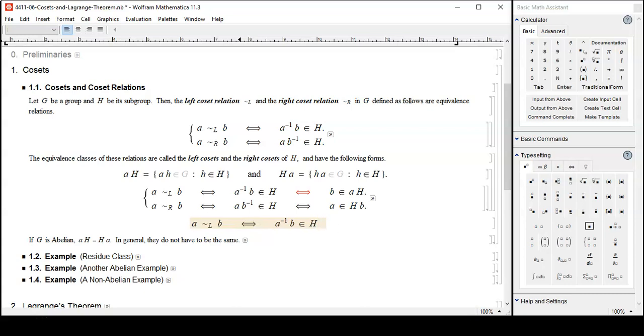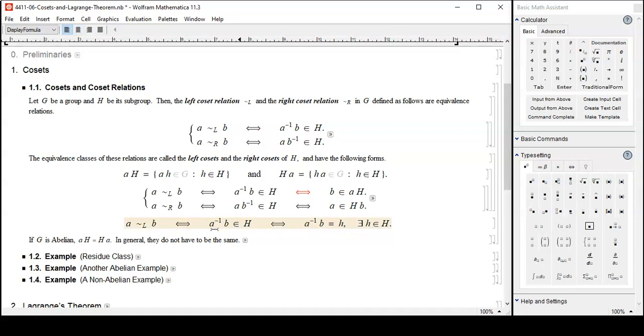And that's equivalent to A inverse times B is some h. Oops, small h. Okay, that's what I intended. Is that clear to you?